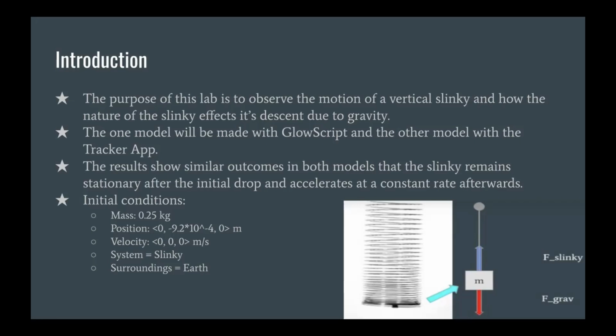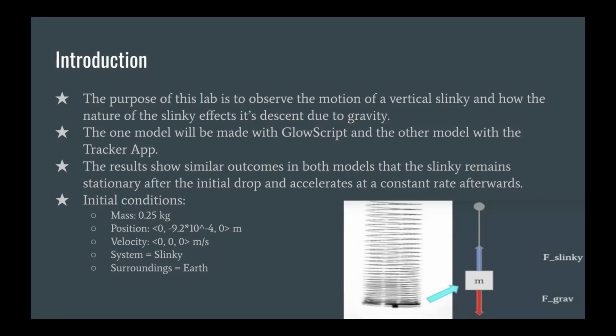The initial conditions are the mass as 0.25 kilograms, the position 0, negative 9.2 times 10 to the negative fourth, 0 meters, and then the velocity is 0 meters per second.